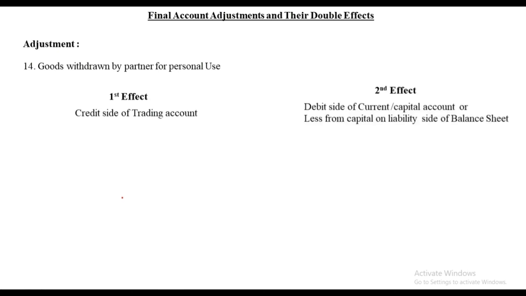That's adjustment number 13. Next, adjustment number 14 is based on goods withdrawn by partners for personal use. If any goods are withdrawn by a partner for personal use, we use the term drawings. Two effects. Number one, it will appear on the credit side of the trading account. Second, it will be on the debit side of your current or capital account if you're preparing one of them, or it will get deducted from capital on the liability side of the balance sheet.